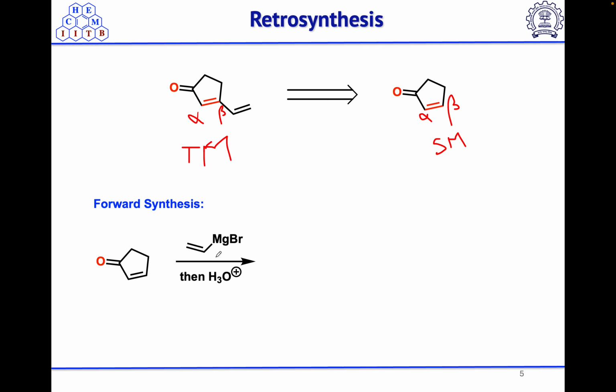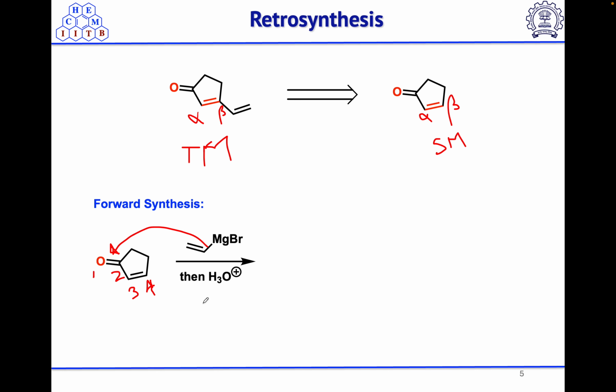So without any copper salt, what will happen? This vinyl Grignard will add to the carbonyl carbon, so 1,2 addition will take place. This is the number 3 carbon and this is the 4 carbon. Without copper iodide, this vinyl Grignard behaves as a hard nucleophile, and it will add to the hard carbon center.